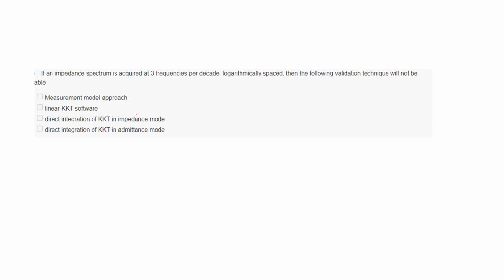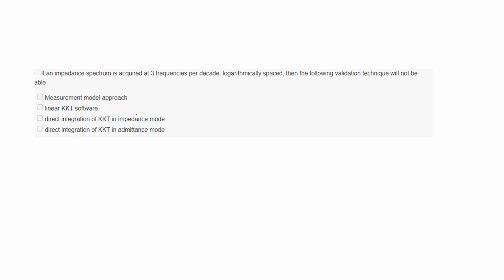If the impedance spectrum is acquired at 3 frequencies per decade, logarithmically spaced, then the following validation technique will not be suitable. Sorry, will not be suitable.